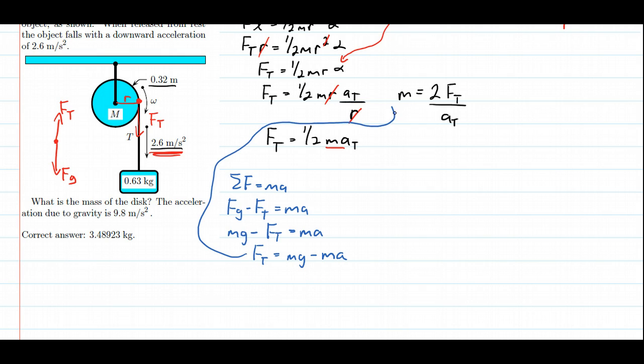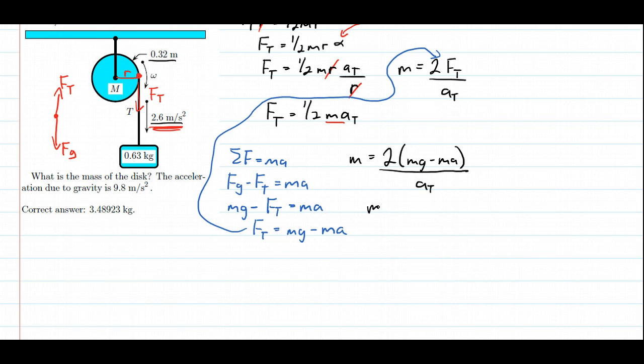Now I'm going to substitute that back into there, which gives me mass equals 2 times mg minus ma over AT.